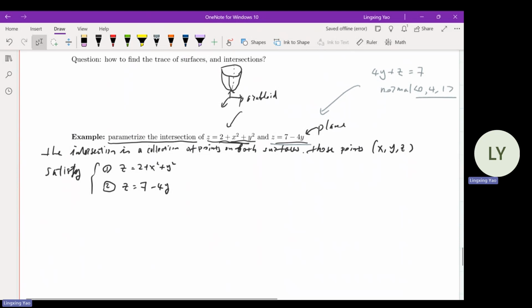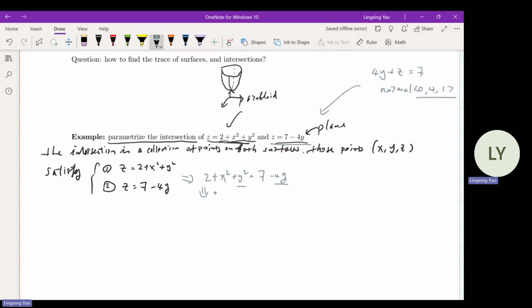So how do we proceed? It is relatively easy to see we can match the z on the left-hand side, so it becomes 2 plus x squared plus y squared equals 7 minus 4y. How do we proceed? We can manipulate this a little bit because y squared is here and 4y is here.